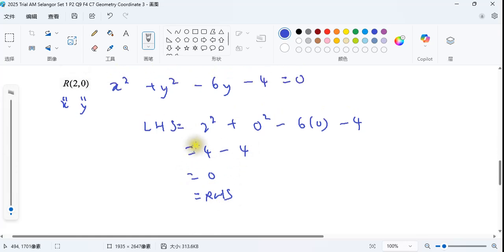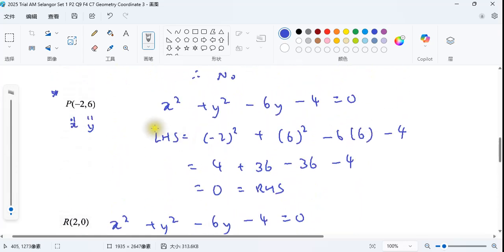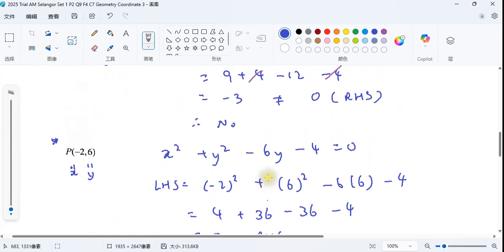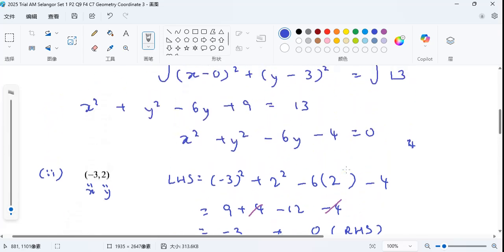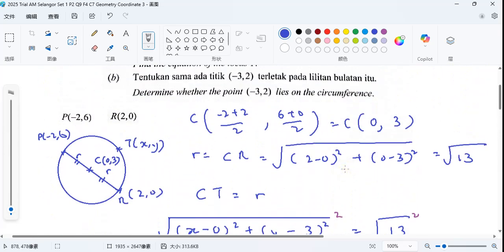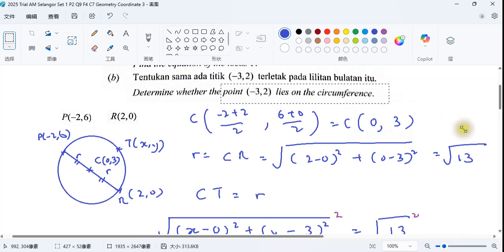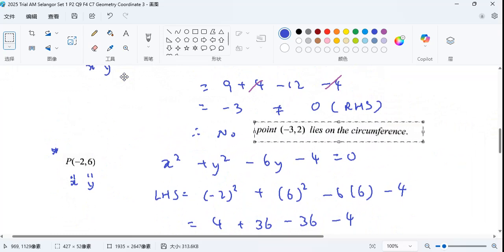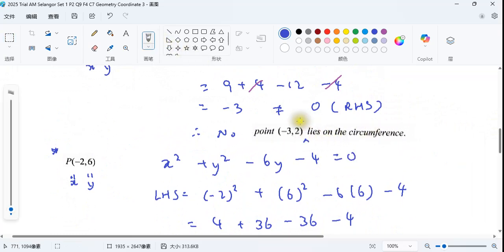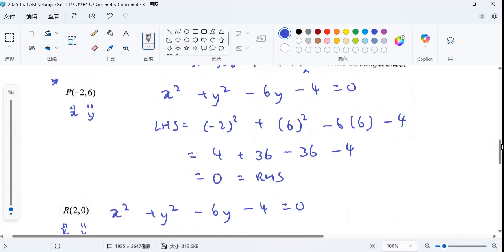So for a point that falls on the circumference, when we substitute the values of x, y, the left hand side will equal the right hand side. If the left hand side is not equal to the right hand side, then it does not lie on the circumference.